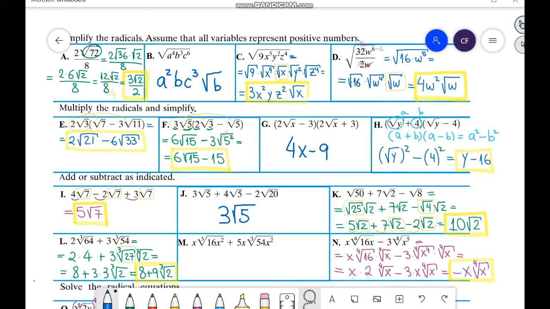And letter M, 17x cube root of 2x squared. Okay, so this is the first step.